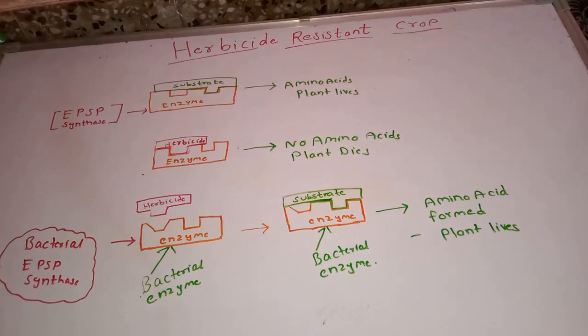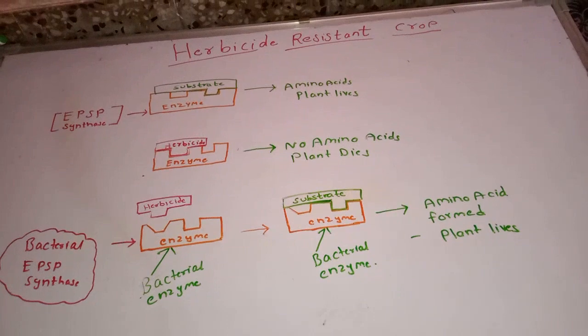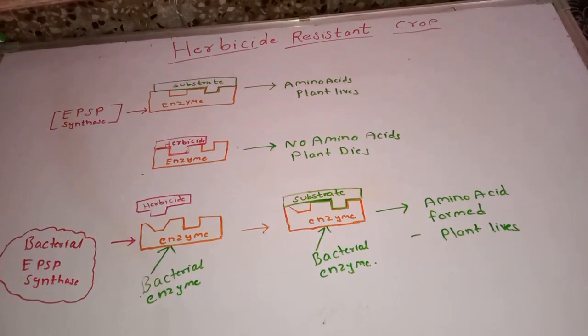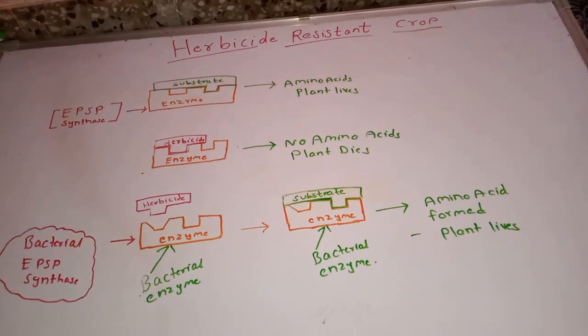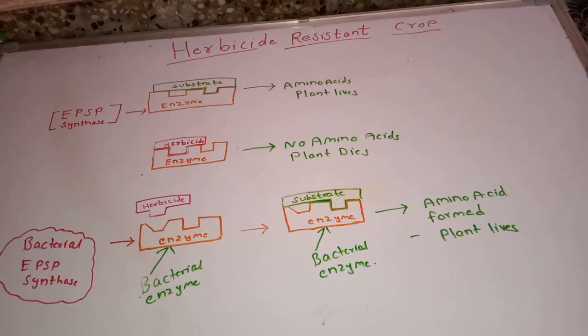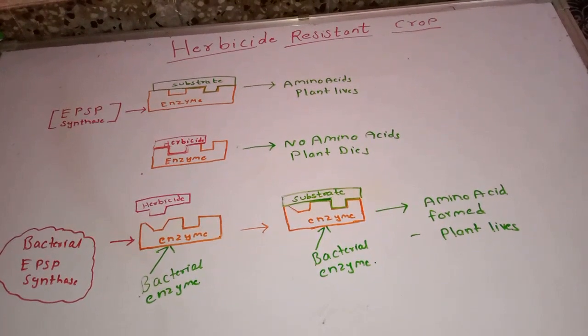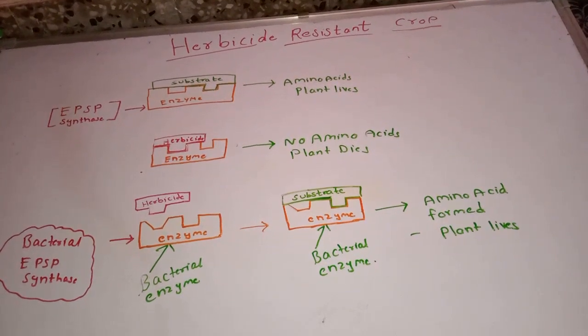How can we induce herbicide resistance in crops? The answer is that we can use bacterial EPSP synthase.